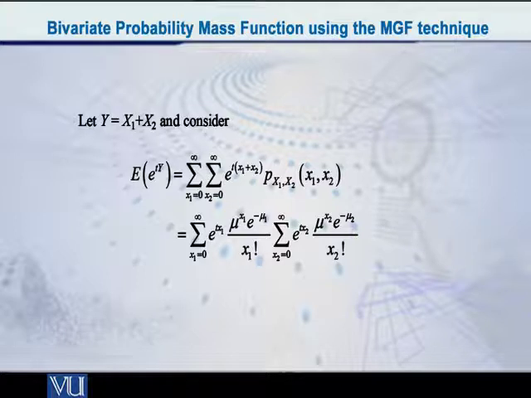You can write e raised to t x1 plus t x2, फिर आप उसको और further खोल लें and you can write e raised to t x1 into e raised to t x2.